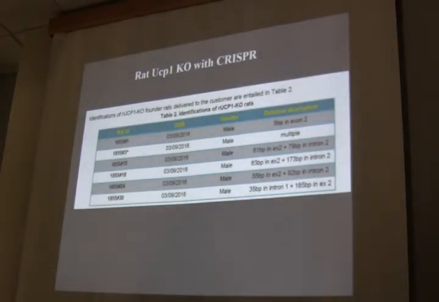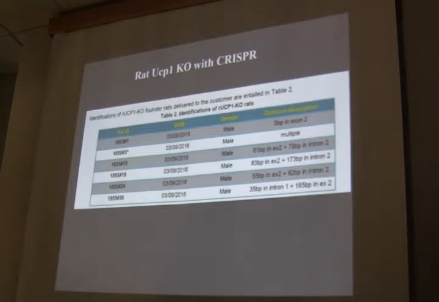After we had our rats born, we started to genotype them and look at them. This is really what we expected to see: maybe a 5 base pair deletion in exon 2, right where we made the cut. But you see the second rat had so many mutations that we couldn't even genotype it.